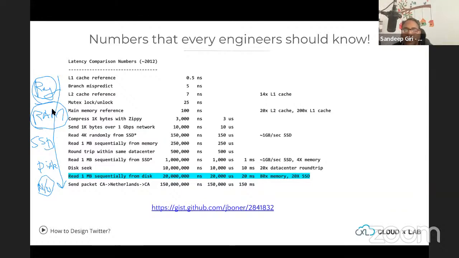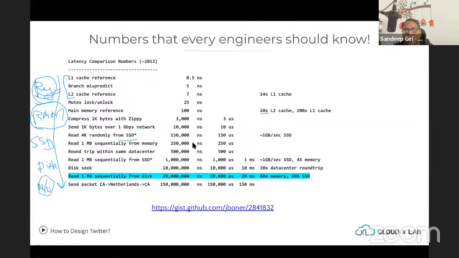So you should understand this part. You should also understand here that RAM is 20 times slower than registers and L1 cache.